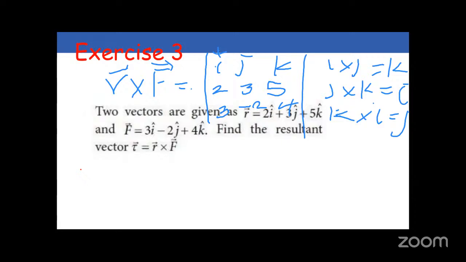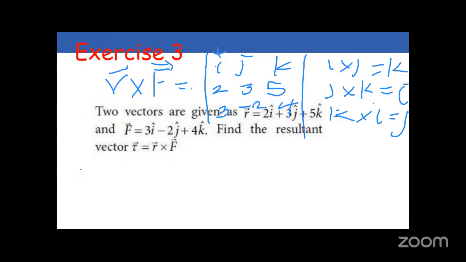So what are the J components? 3 and minus 2 are J components. 5 and 4 are K components. So we multiply diagonally and then subtract.